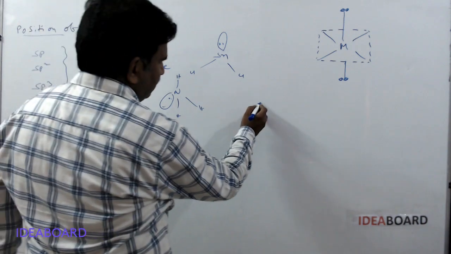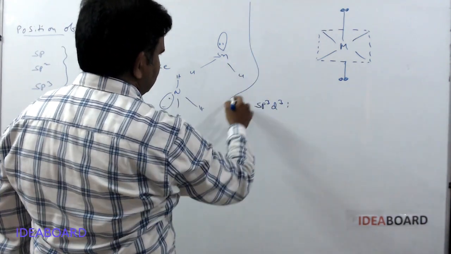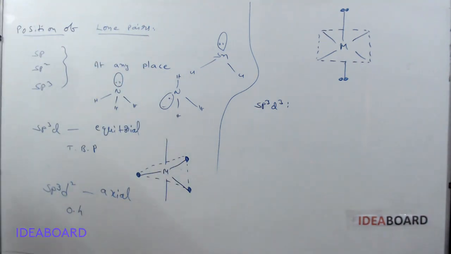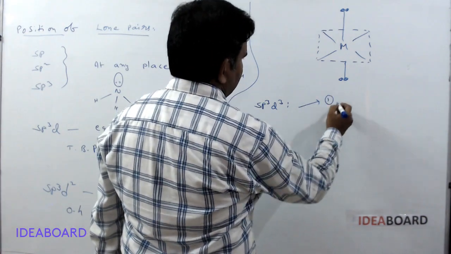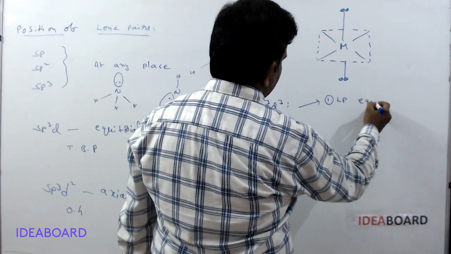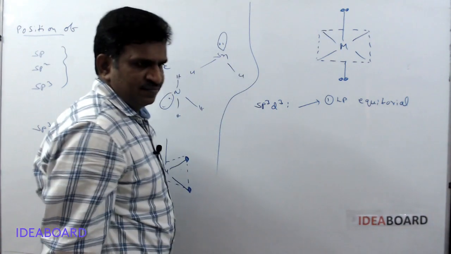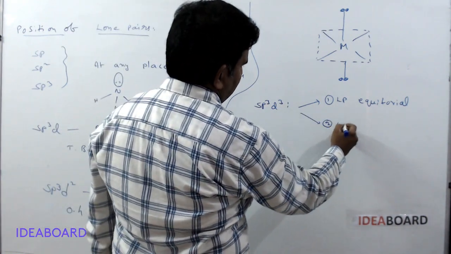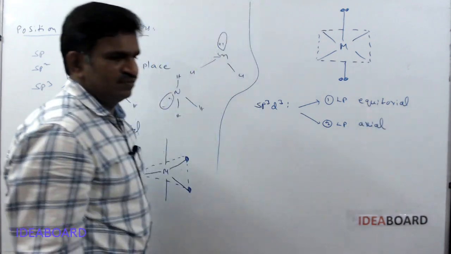And suppose we are having sp3d3 hybridization, where can we write the lone pairs? Here, if you have one lone pair, please remember, you must indicate that lone pair in the equatorial position. If you have two lone pairs, then you must indicate them in the axial position.